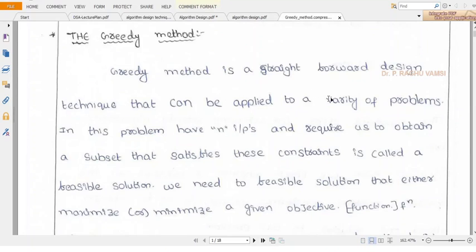I have provided the lecture notes. Greedy method is a straightforward design technique that can be applied to a variety of problems. In this problem, let us assume there are n inputs and we are required to obtain a subset that satisfies some constraints, which is called a feasible solution.